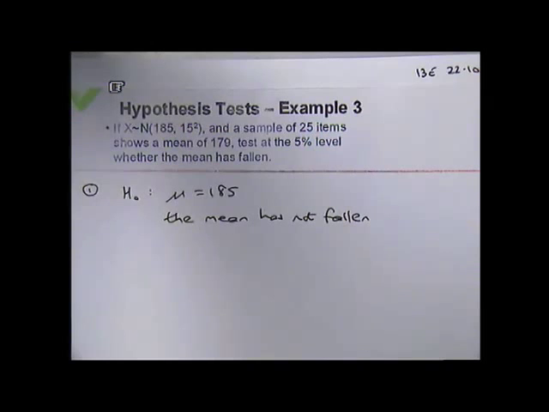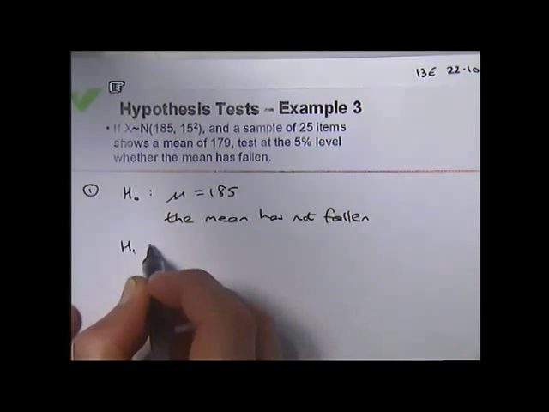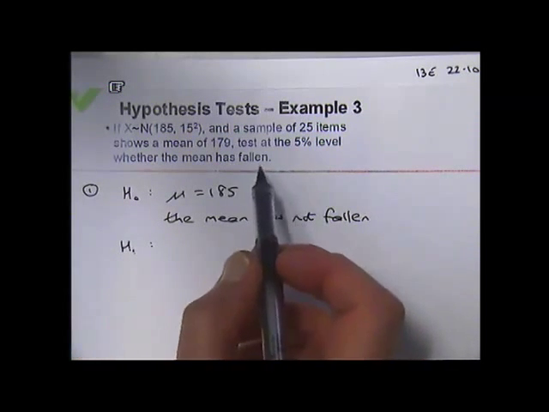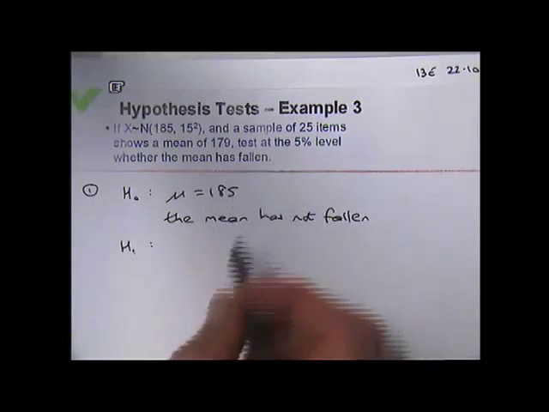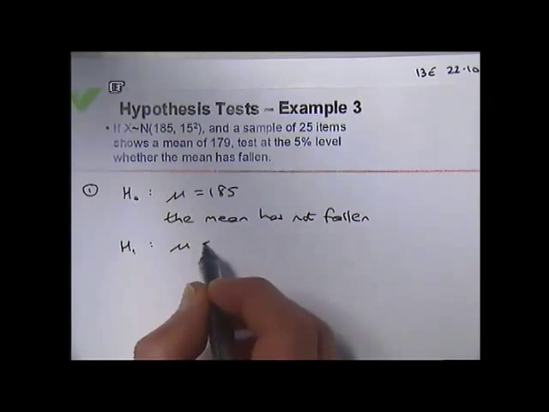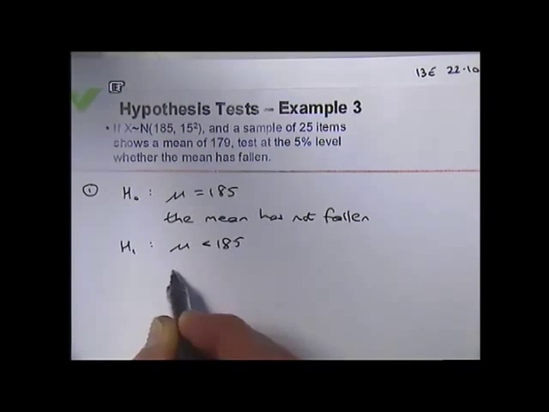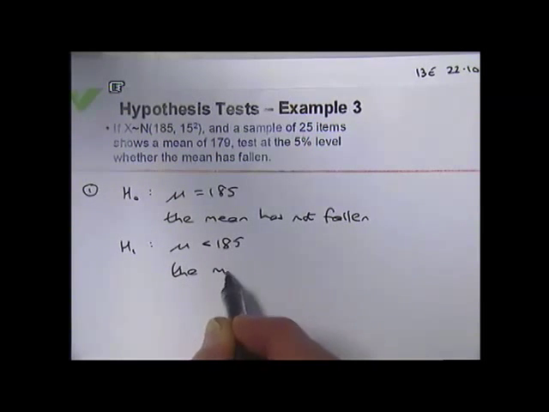After our null hypothesis, we do our alternative hypothesis, H1, and we're told what that is in the question: the mean has fallen. So mu is less than 185.